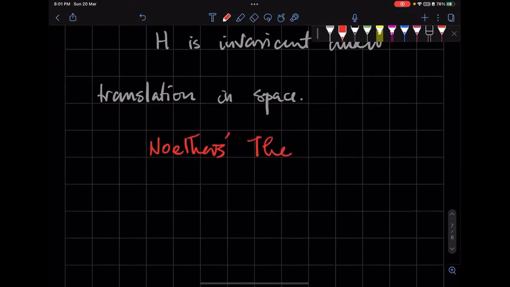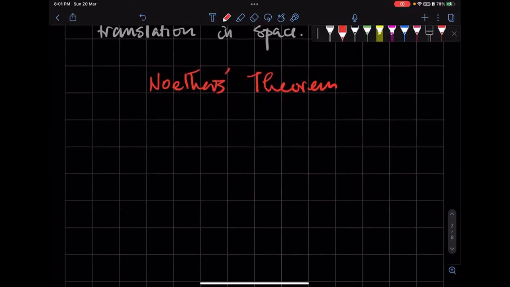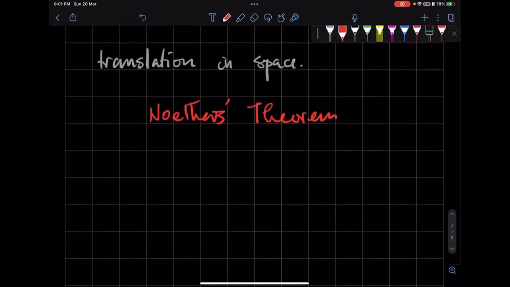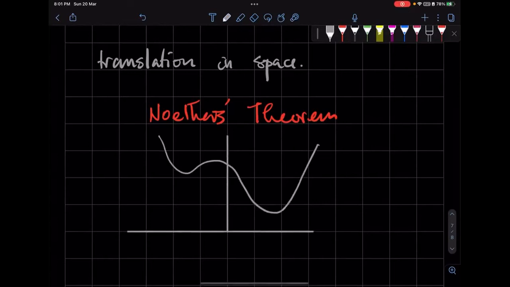And this is actually something you should understand even classically. Noether's theorem was originally a classical theorem. Even in classical, say Newtonian, physics, suppose you have a system which doesn't have any friction, but it has some potential like this, and the particle starts here, so this is the potential V of x.